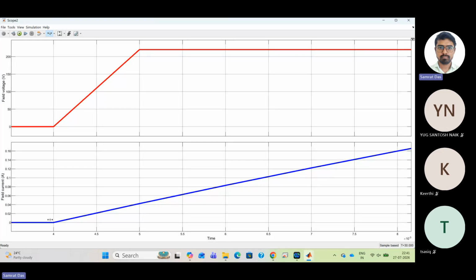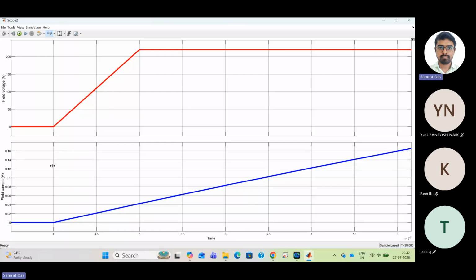So you can see that because it is an implicit method, backward Euler, even to calculate the field current at 5 millisecond instant, the voltage value at 5 millisecond is used. That is why at this instant only it has become some positive value and it keeps on rising.